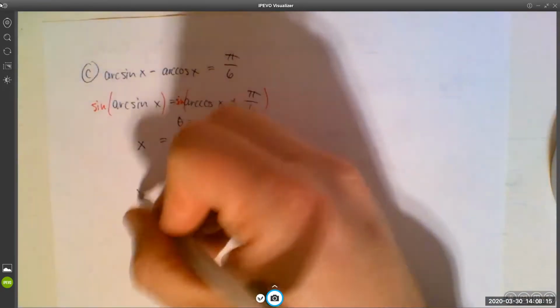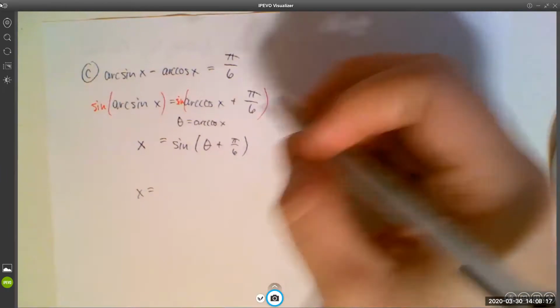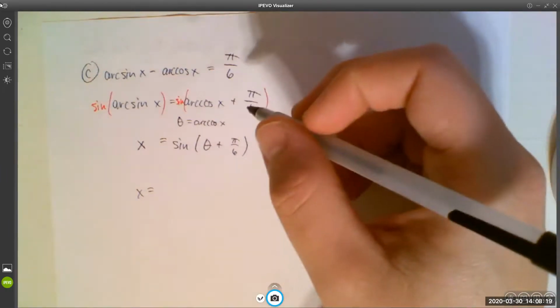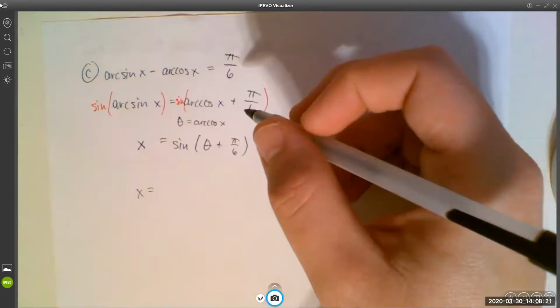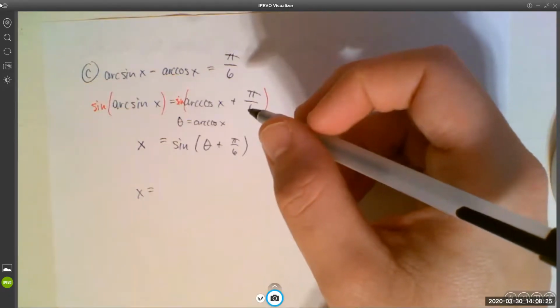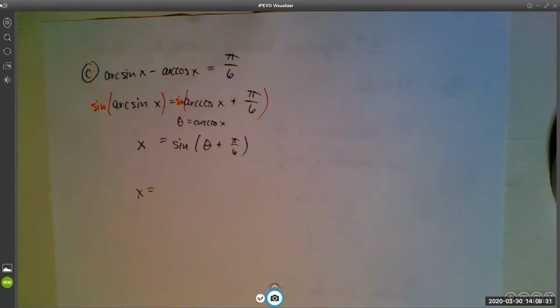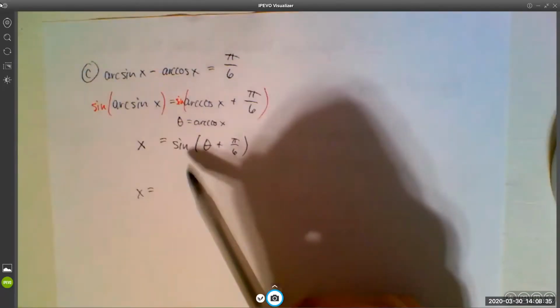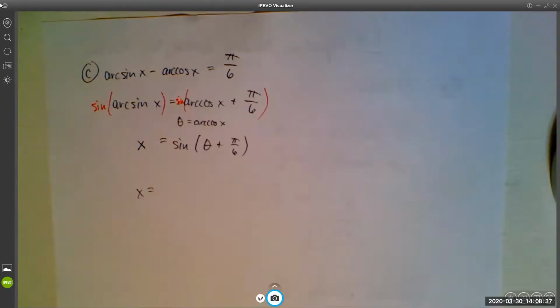You remember the sum formula, I don't know what letters we used, probably sine of u plus v or something like that. And it was sine u cosine v minus, no. Ooh, I have to look up that formula too. It's, no, that's right. It's sine u cosine v minus sine u sine v.